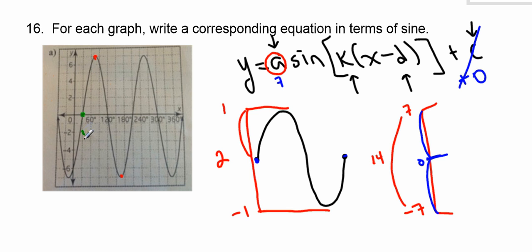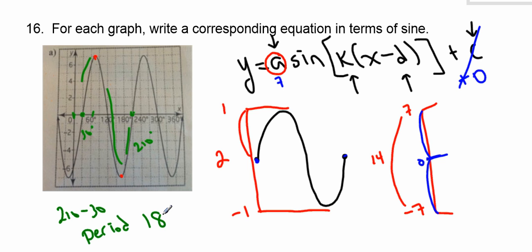I'm at 30 degrees, and then go up, down, and up, and I stop at 210 degrees. So the starting point is at 30, and the end point of one cycle is at 210. So that means 210 minus 30, I have a period of 180 degrees.